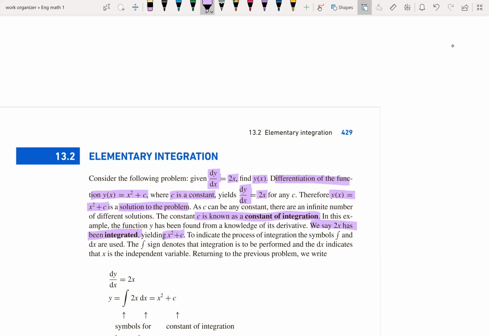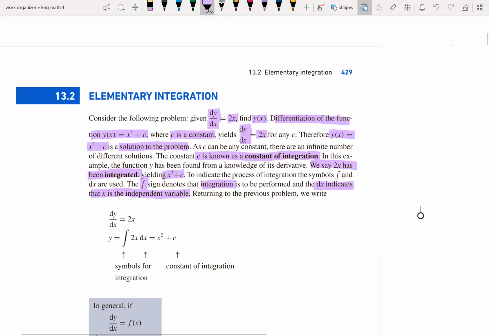This sign denotes the integration, and then we have dx, which can be dt or whatever letter indicates the independent variable. So this is how we write it.